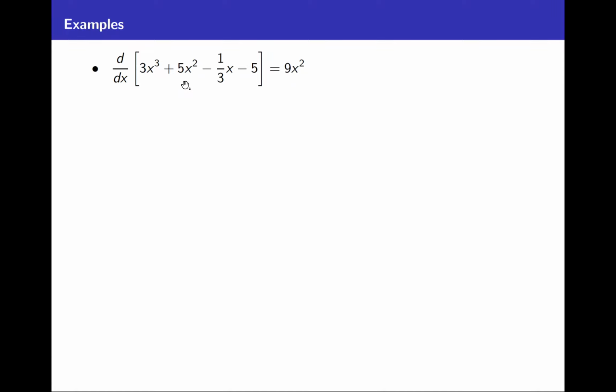Next, we differentiate 5 times x squared. Well, that's 5 times the derivative of x squared, 5 times 2x to the power of 1. That's 10x. Now we have negative 1/3 times x. The constant multiple rule says the derivative of that is negative 1/3 times the derivative of x, and that's just minus 1/3. And finally, the derivative of minus 5 is 0. So in one step, we got the answer to our derivative.